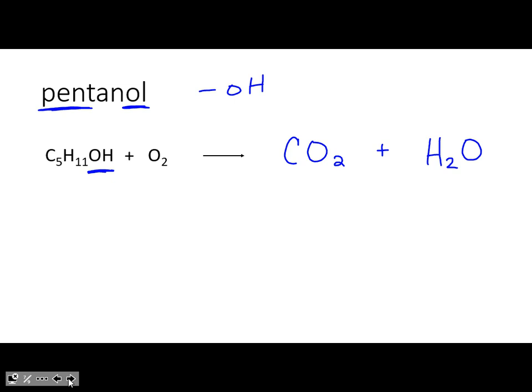Okay. Once again, I am going to start out with balancing my carbons. So I'm going to put a 5 right there. As I put a 5 right there, I look at my hydrogens, and I have 11 plus 1, right? I have 11 right here plus this one, so that gives me 12.